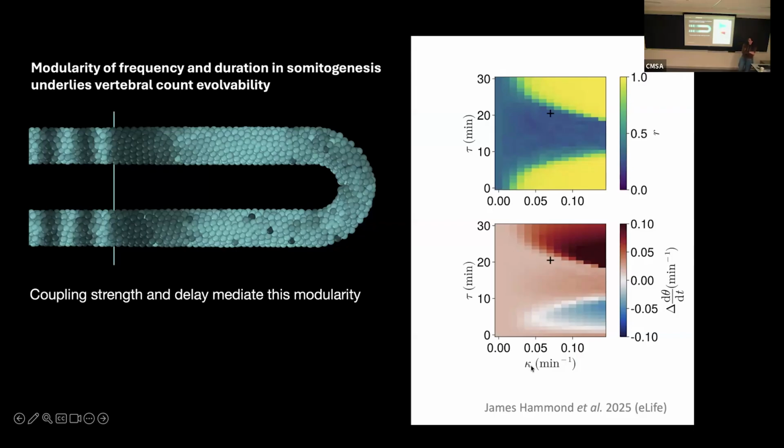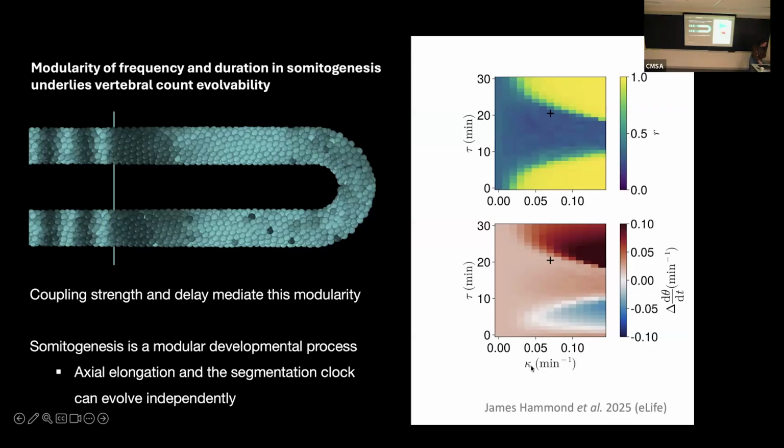Okay, thank you. In the next 15 minutes or so, I'm going to switch gears a little bit. Just to round up, we think this supports the idea that somitogenesis is a modular developmental process, and that axial elongation and the segmentation clock can evolve independently, thereby drastically increasing the evolvability of traits derived from it, such as vertebral counts.